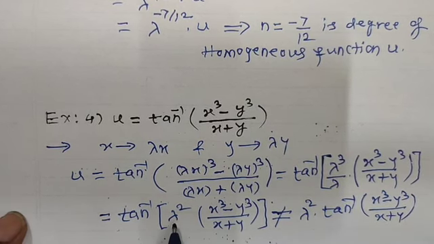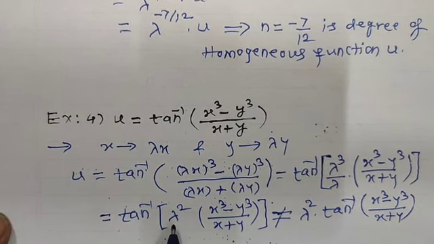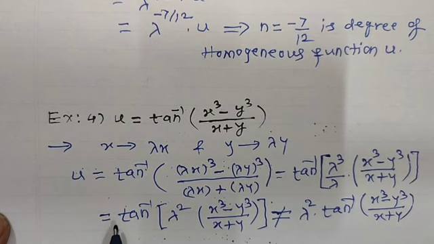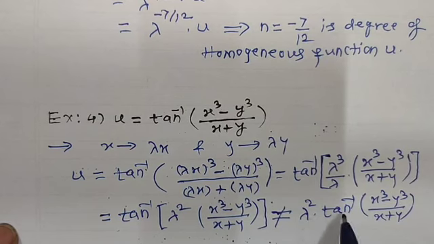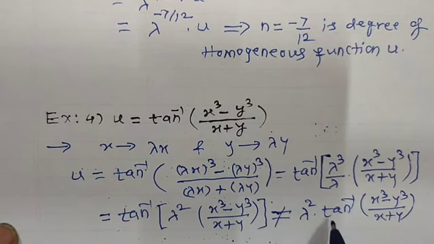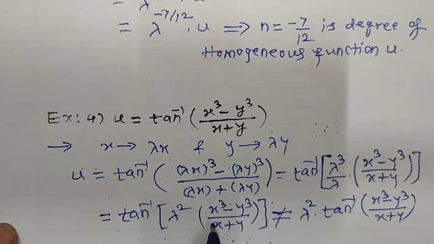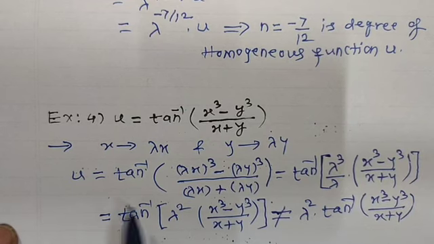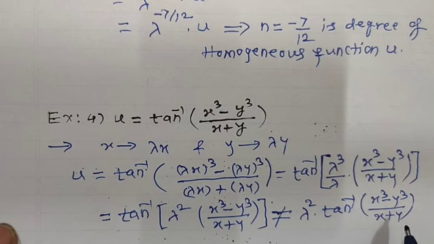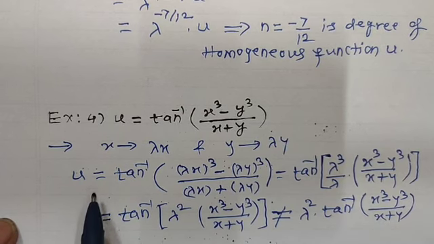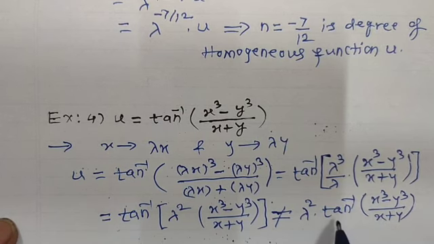Okay, lambda square we have to take outside this and then the given function as it is. If we take lambda square outside, then this function is not equal to this function. That's why the given function u is non-homogeneous. Okay, we can't express u in the form of lambda to the power n into the given function.